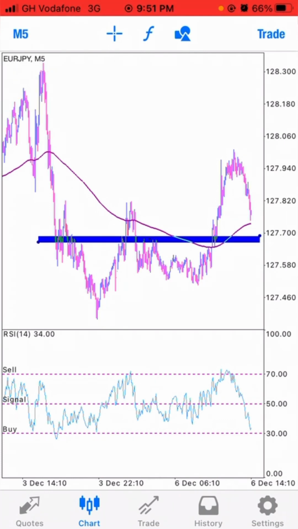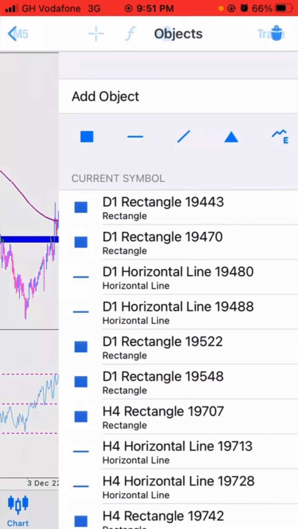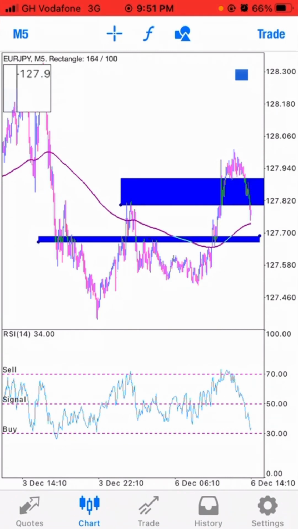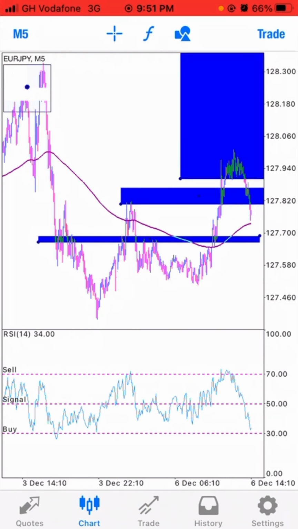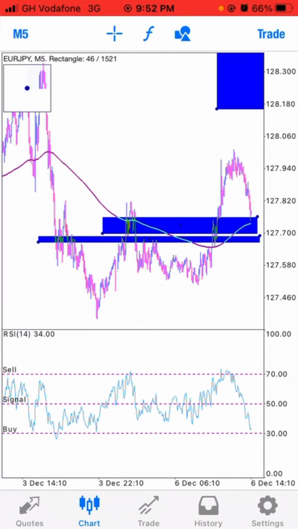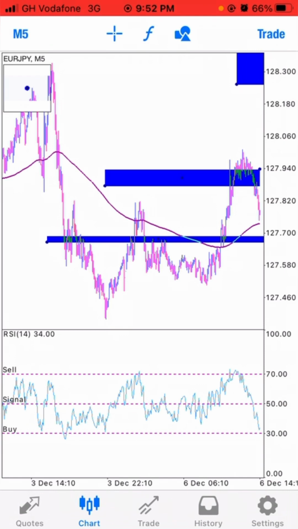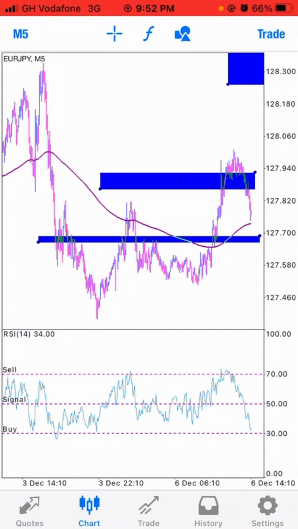So I can put a pending buy here, and then I can take profit at this point. It will be small pips though, but it's not bad. Yes, so like 10-15 pips like this you can catch. So that's how you do the support and demand zones.